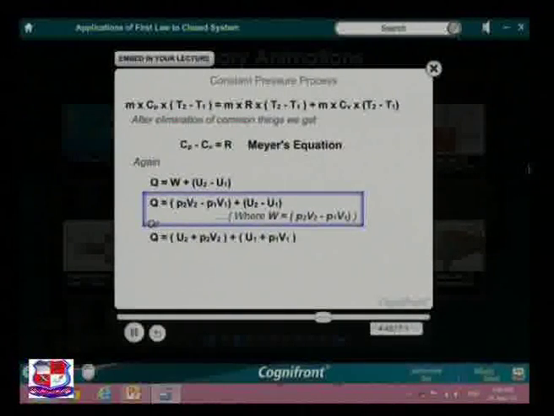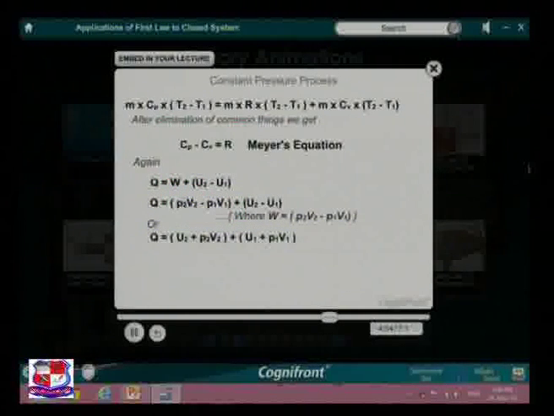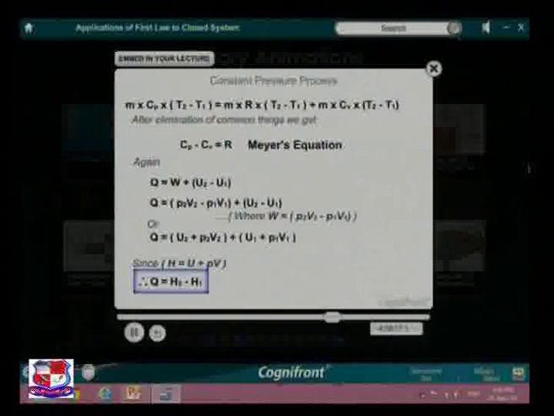Now, if we put W equals P2 V2 minus P1 V1 in the equation, on evaluation we get Q equal to H2 minus H1.